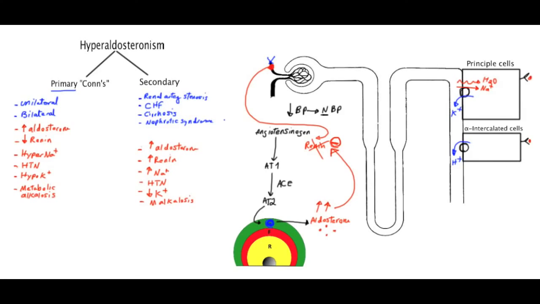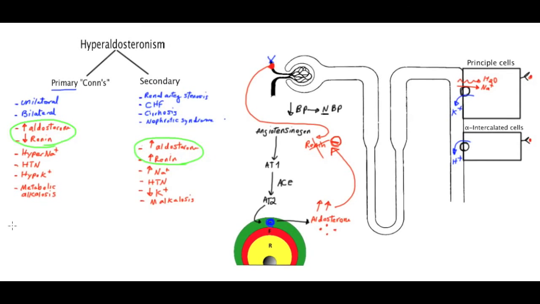So the only way really to differentiate between primary and secondary is going to be these two. In primary, we're going to have increased aldosterone, and the negative feedback is going to cause decrease in renin. In secondary, we're going to have increased renin production, which is going to lead to eventually aldosterone production. So both of these are going to be high in the secondary cause.